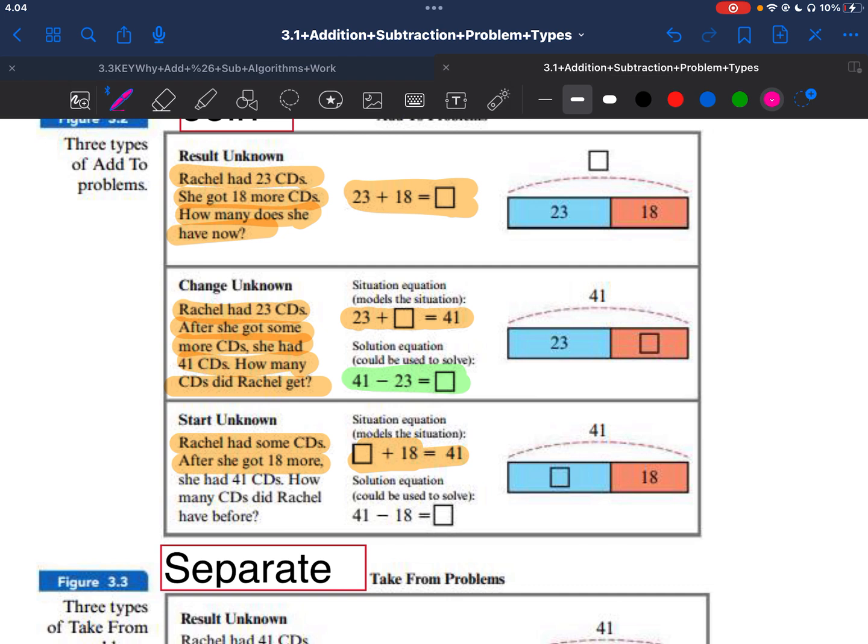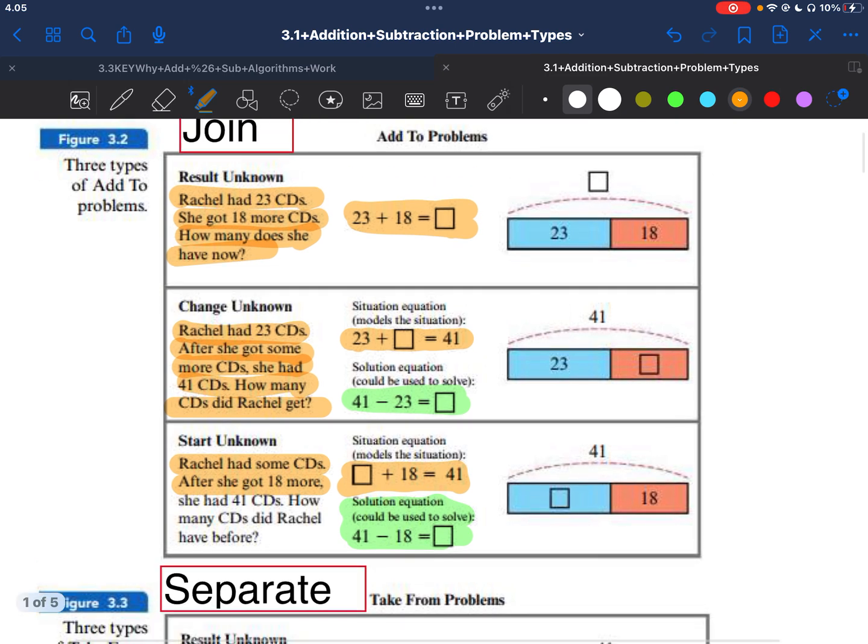How many CDs did Rachel have before? We just don't know what she started with. That's why it's called start unknown. Again, we started with some, then we added 18. In total, we have 41. We have this second formula here because we want to know the solution, but your number sentence was still the start unknown plus 18 equals 41.